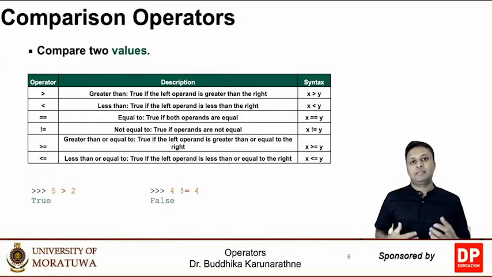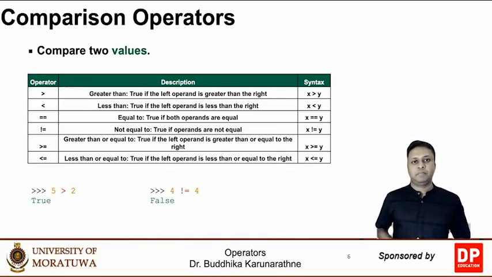Let's move forward to the next type of operator. Here, comparison operators. They are used for comparing two values. Since they return either true or false, comparison operators are typically used in Boolean contexts. They are especially used in conditional and loop statements in order to direct program flow, and you will see this in detail in a later session.